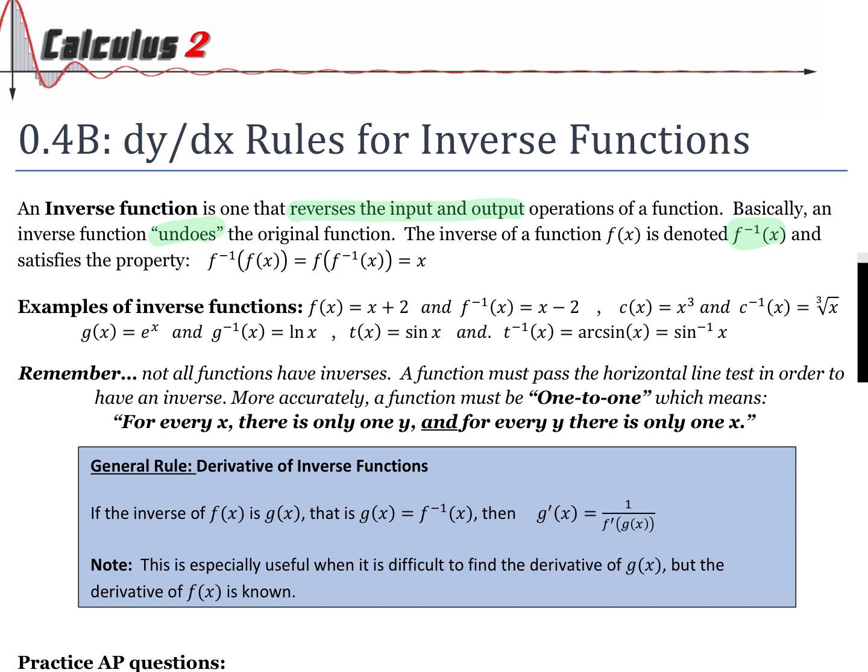So we've got some examples of inverse functions: adding and subtracting are inverses. X cubed and the cube root of x are inverses. E to the x and natural log are good inverses. And then we have our trig inverses.